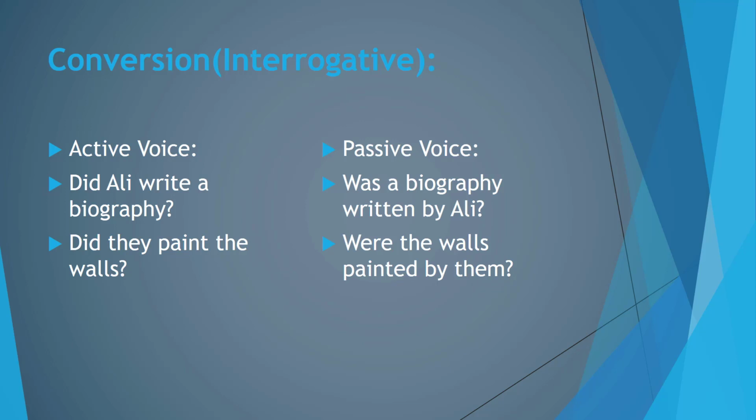Firstly, instead of writing helping verb either was or were after subject, we wrote it before subject. And secondly, we put a question mark at the end since we are working upon a question. In this way, you would be able to convert interrogative sentences for past indefinite tense.